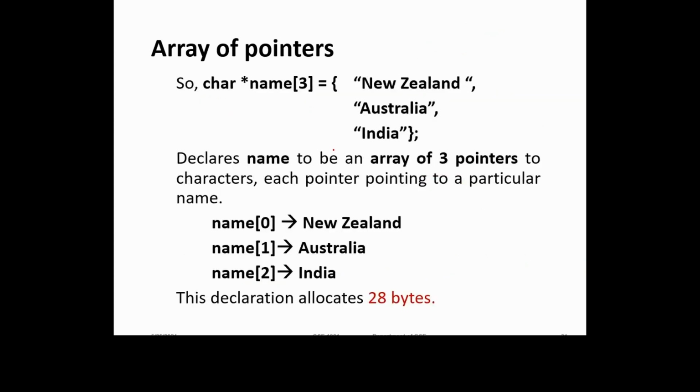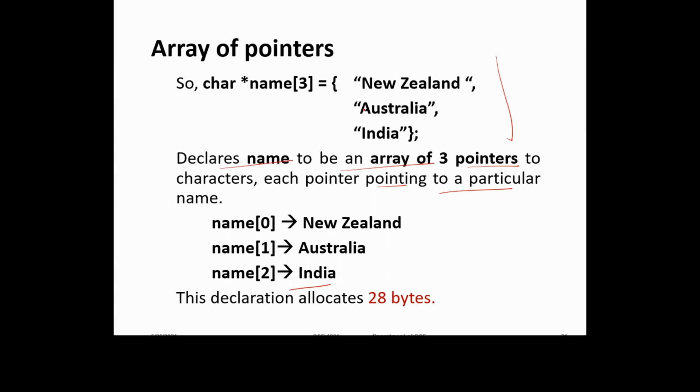So char star name 3, this is the pointer initialization, and as it is a string, so address of this constant string directly comes to this particular pointer. So it declares name to be an array of 3 pointers to characters, and each pointer pointing to a particular name. Means name 0 New Zealand, name 1 Australia, name 2 India.